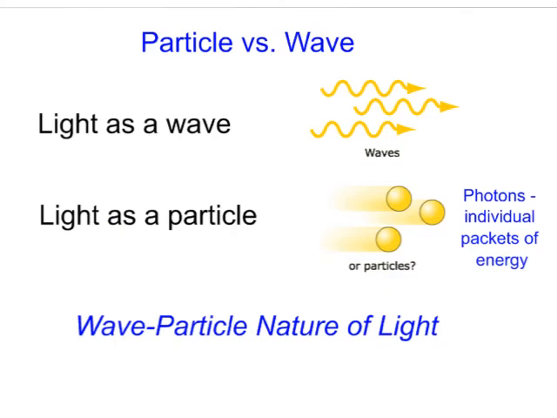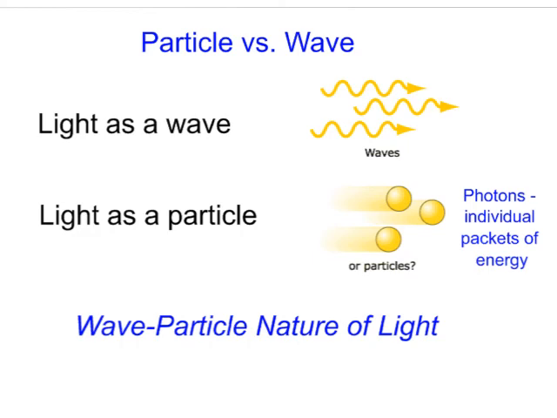Now, this lesson would not be complete if we didn't talk about one more thing. We are going to ask the age-old question: is light a particle or is it a wave? That's something that's been a curiosity to people over long periods of time. We've been talking about light as a wave, but we would be completely remiss to not discuss that light is also a particle.